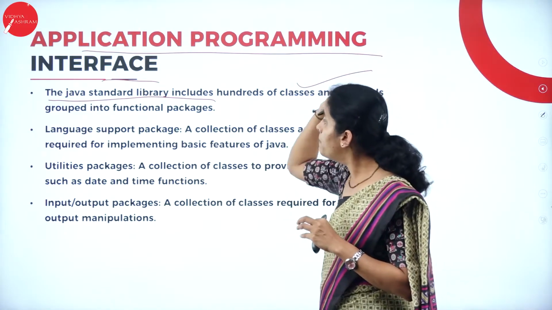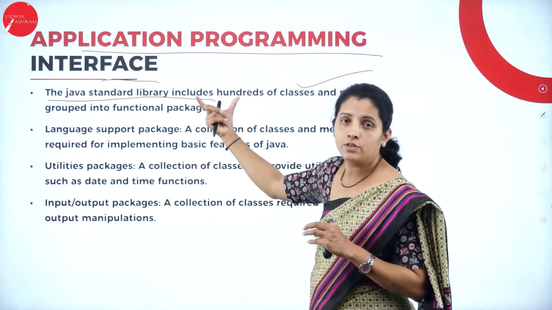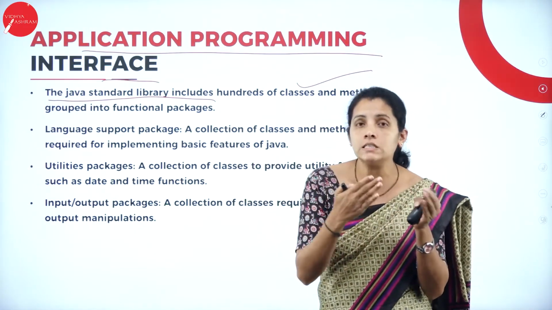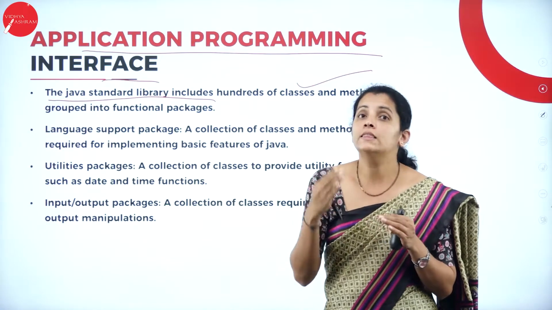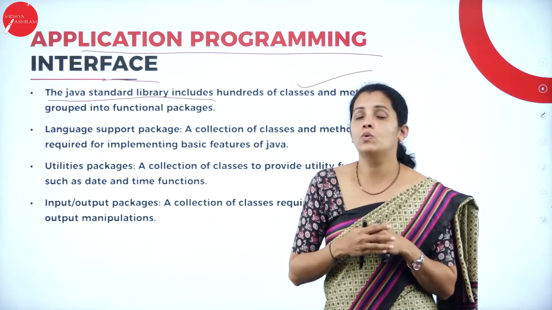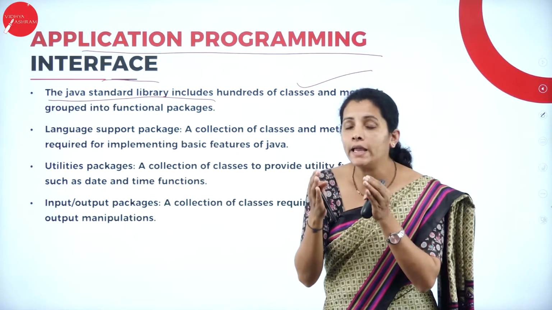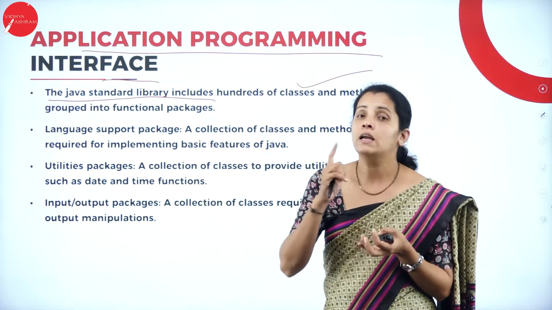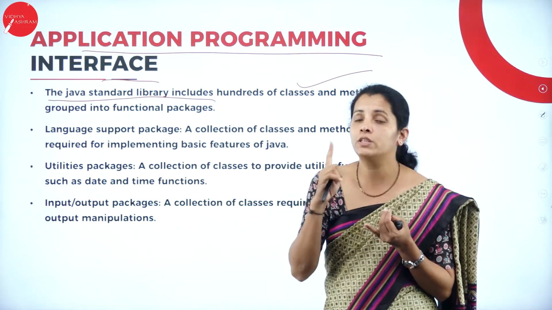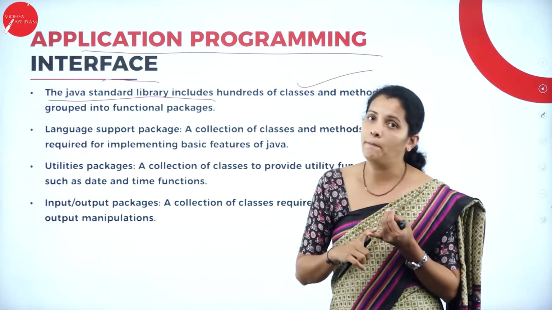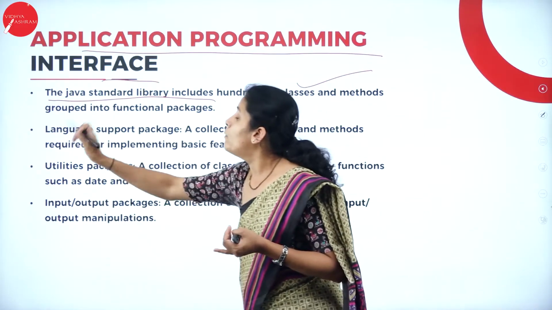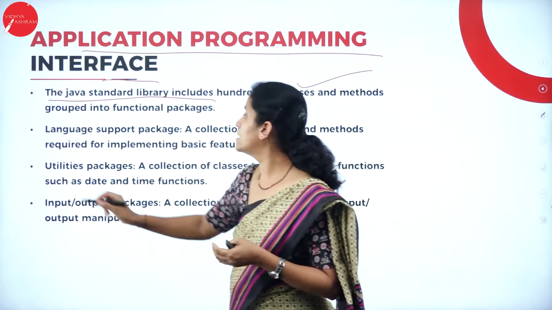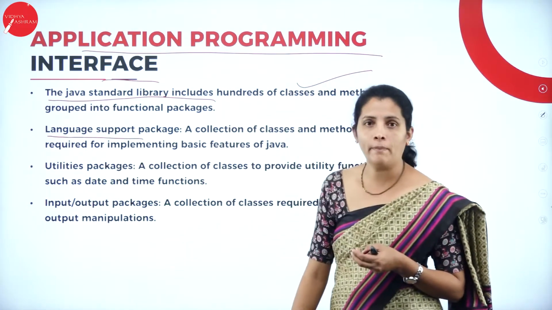So these are the predefined packages we are going to have, and whenever we require certain classes and objects, at that time we include those packages in our program, and we can access the classes and methods which come under the package. So what are the different kinds of packages? Here is the language support package.